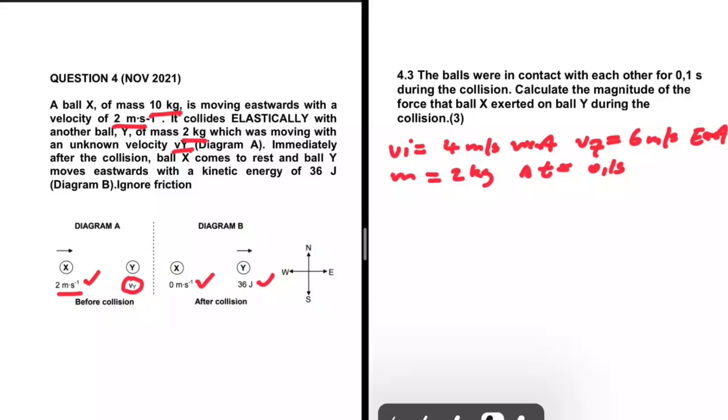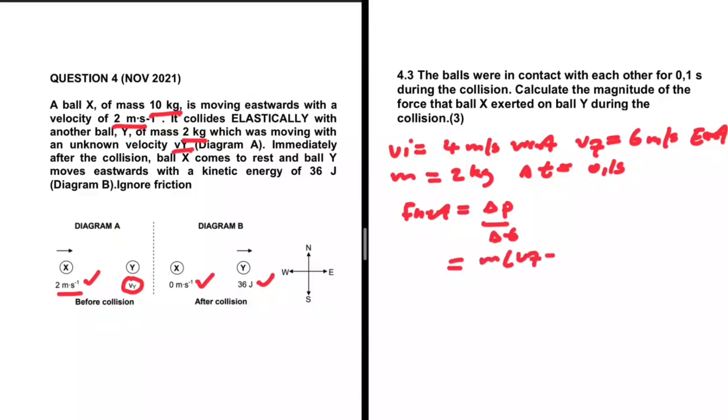So with this information, which equation can we use to find F net? Obviously, we can say that F net is equals to the change in momentum divided by the change in time. So the change in momentum will be the mass multiplied by Vf minus Vi, everything divided by the change in time.